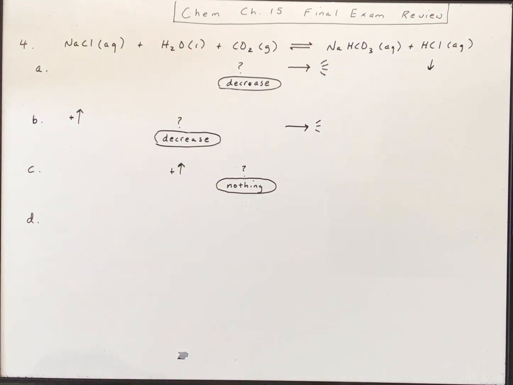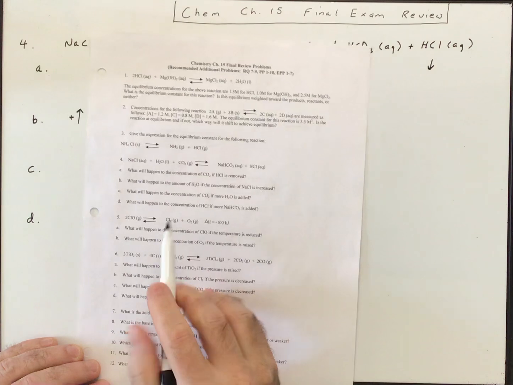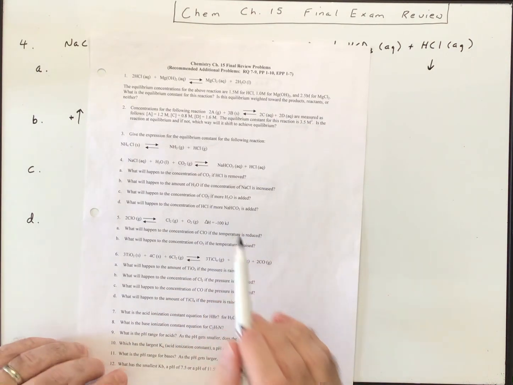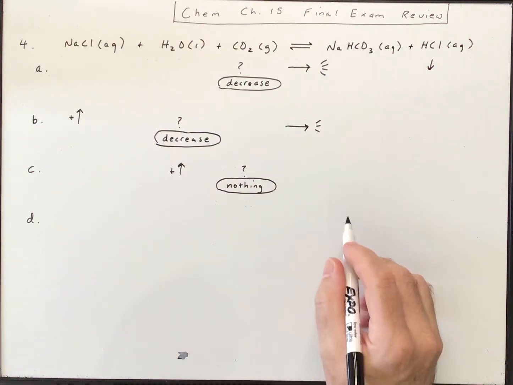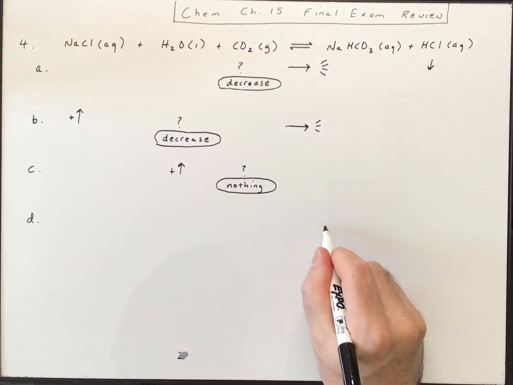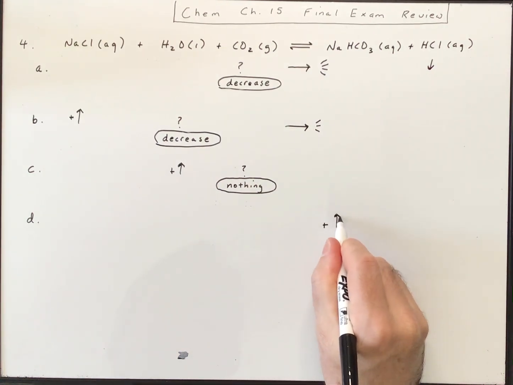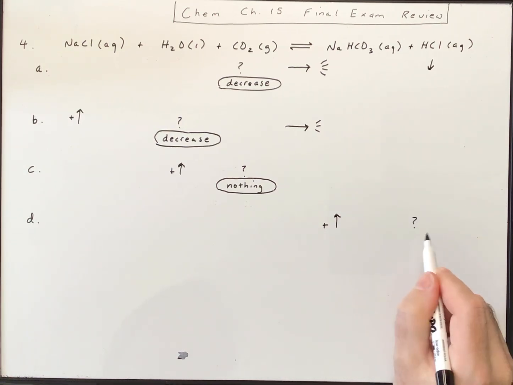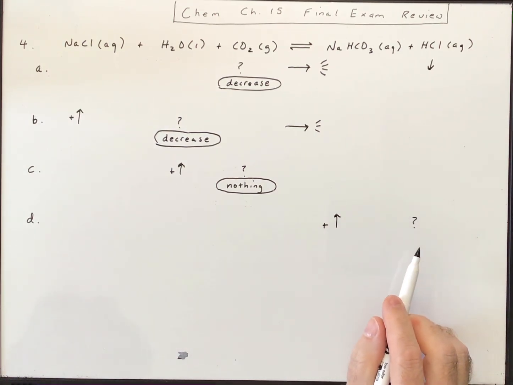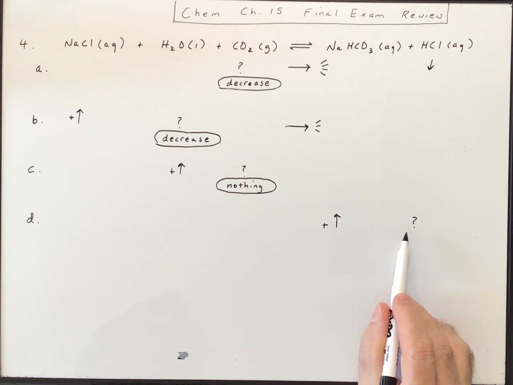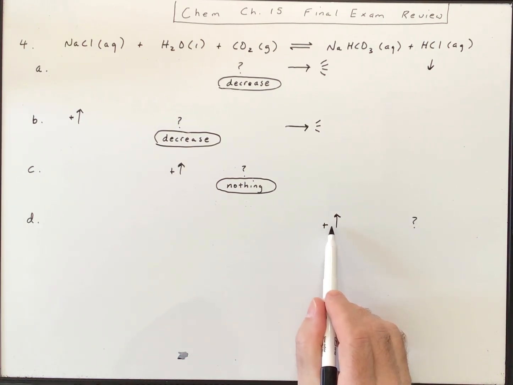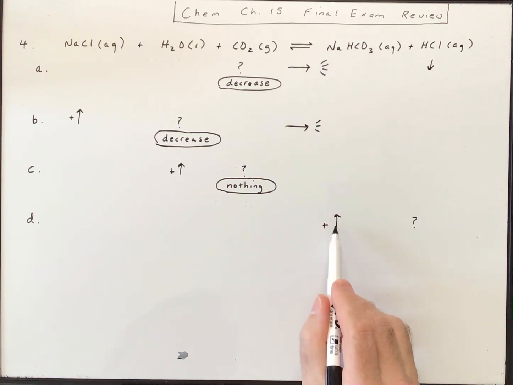All right, part D says what will happen to the concentration of HCl if more NaHCO3 is added. Okay, so we're adding NaHCO3. We want to know what is the change in concentration of HCl. So if we have more collisions, we're increasing the concentration of NaHCO3. Therefore, we have more collisions on the right side.